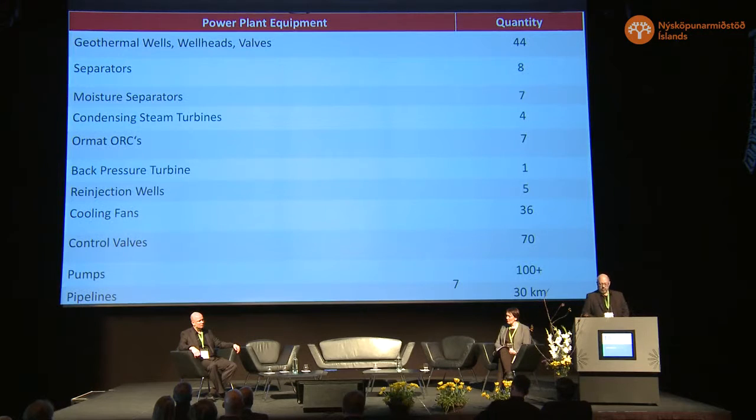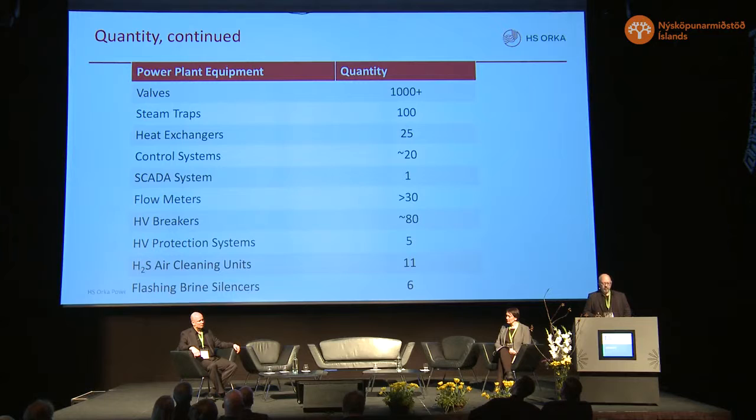We have hundreds plus pumps. We have 30 kilometers of pipelines. We have thousands of valves, 100 or more steam traps, 25 heat exchangers, 20 control systems. We have 1 SCADA system, fortunately, for the whole plant. We have over 30 flow meters. We have at least 80 high voltage breakers.